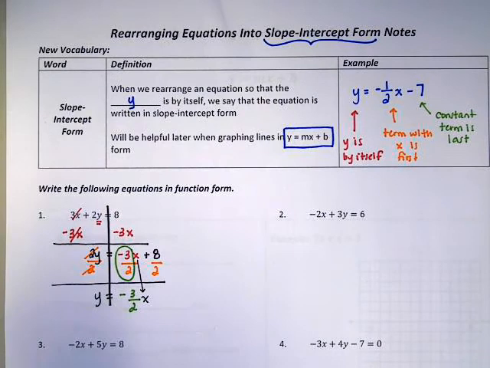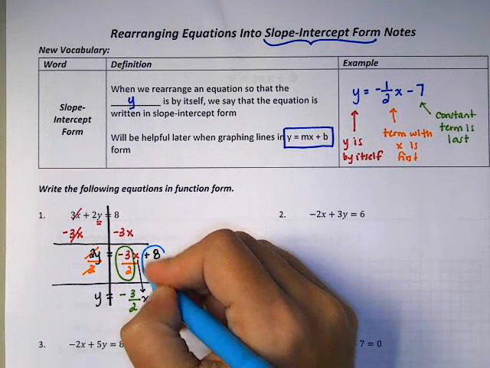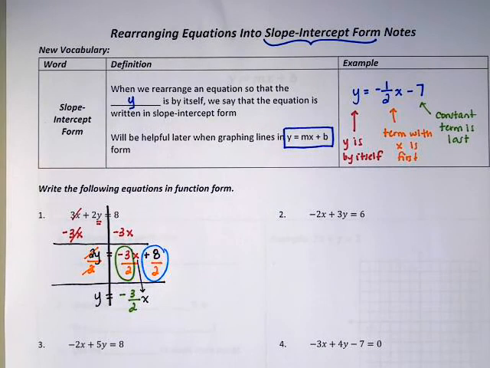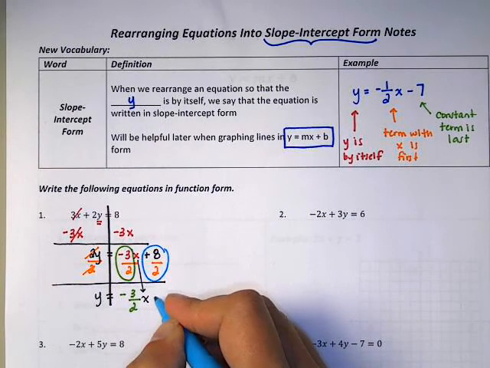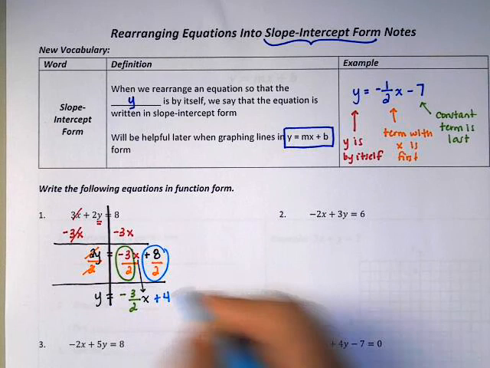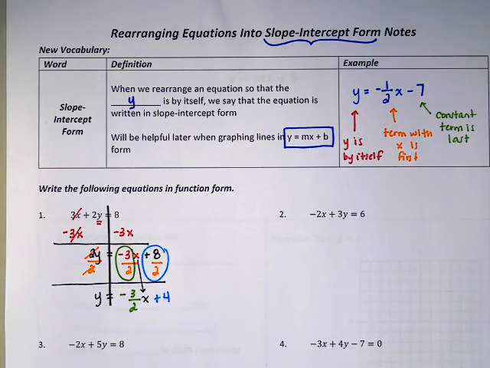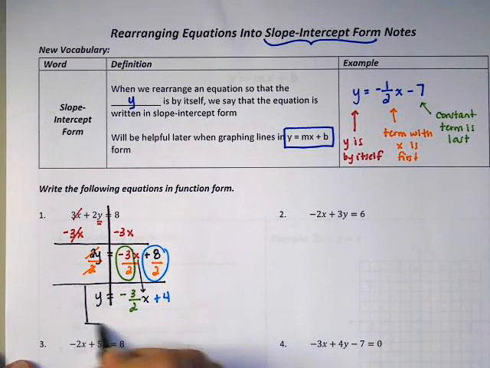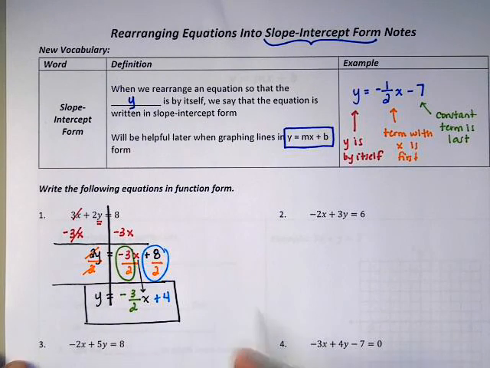And then I would ask myself, okay, well, does 8 divide nicely by 2? And the answer to that is yes, 8 does divide nicely by 2. 8 divided by 2 would be 4. And now that I have y by itself, the x term is first, and the number is at the end, I know that I'm done. That's your answer. Let's take a look at number 2.